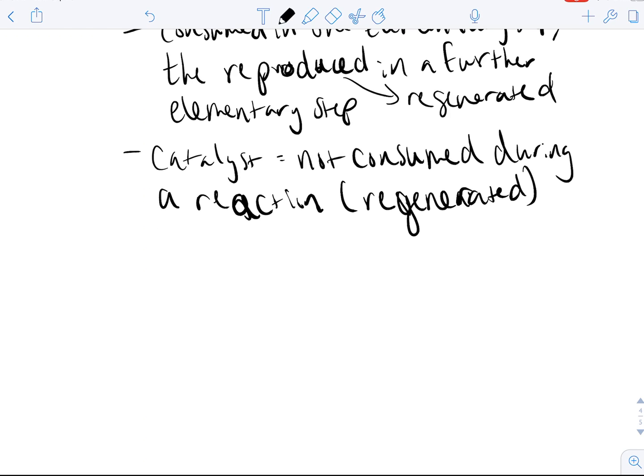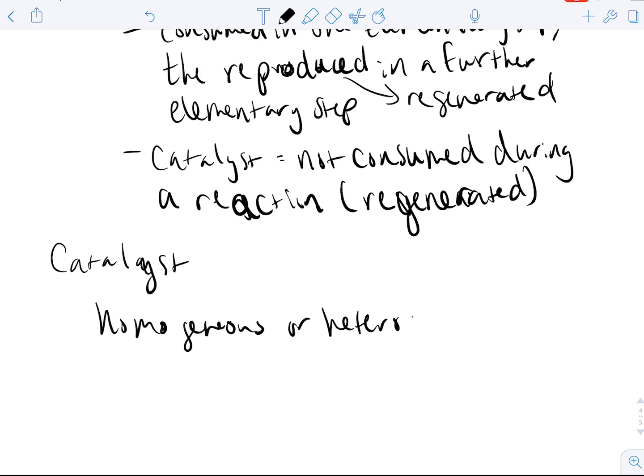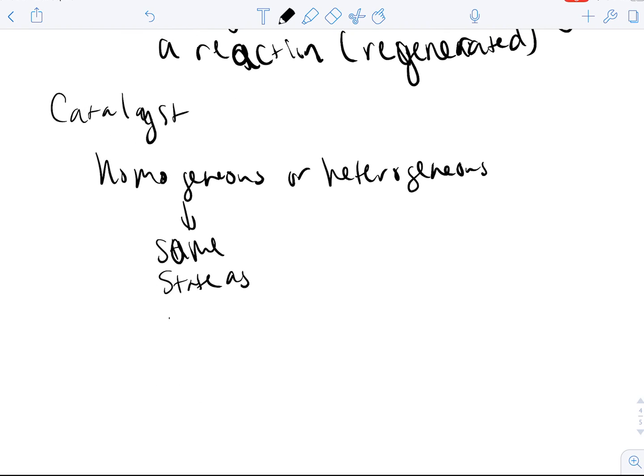We're going to look a little bit more at catalysis, not very much, but catalysts can be homogeneous or heterogeneous. If it is homogeneous, it's going to be the same state as the reactants. If it is heterogeneous, it's going to be a different state. Okay.